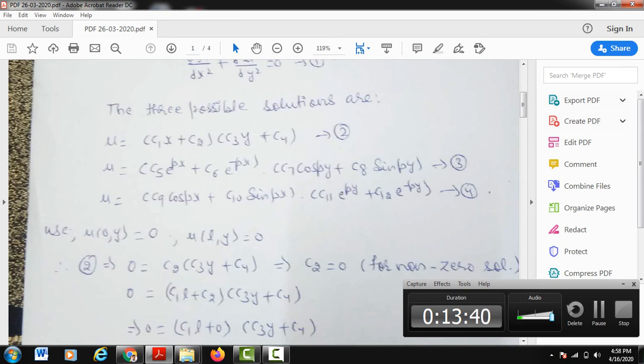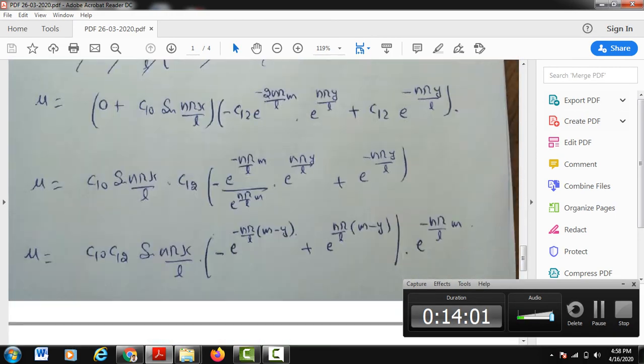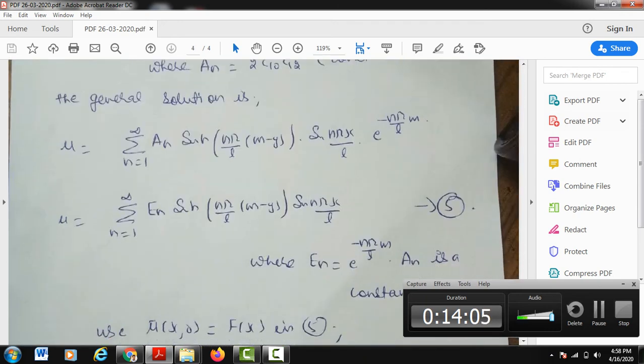After that we have seen the boundary conditions. That boundary conditions we have applied, and we found the most feasible solution is given by equation number 4, that is when your constant k is negative, when we take k is equal to minus p square, where p is not equal to 0. Accordingly we use the last condition and we get the solution of equation number 1 is given by equation number 5.